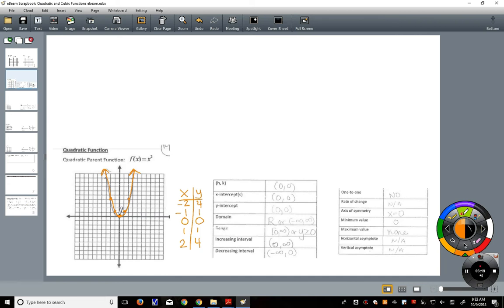All right, how many of you remember increasing and decreasing intervals? Okay, a little bit. So you kind of have to do 2 things with those. When we look at the graph, we read it from left to right, like we're reading the page of a book. If you were on this parabola, as you moved from left to right, the first thing that would be happening is you'd be going downhill.